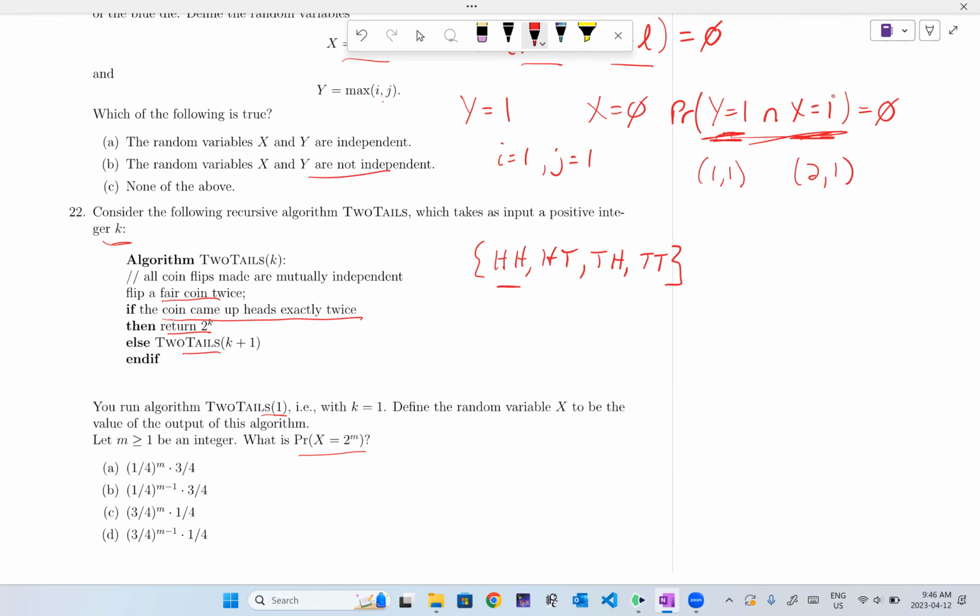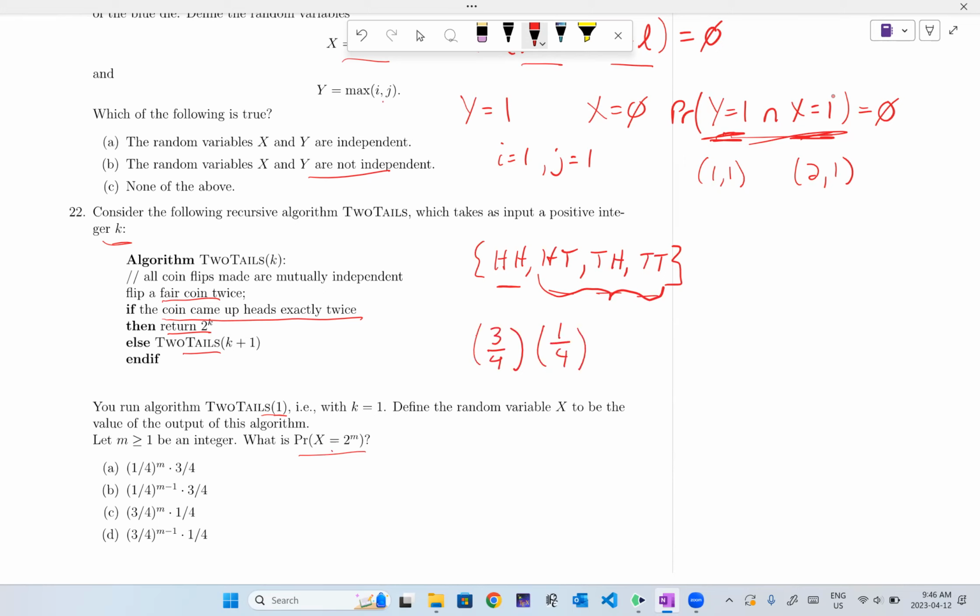Okay, so I'm going to have some string of tails-heads, tails-tails, heads-tails, tails-tails, followed by heads-heads. So I'm going to have something like that, right? The probability of this event that I don't get heads-heads is 3/4. And then the probability that I do get heads-heads is 1/4.